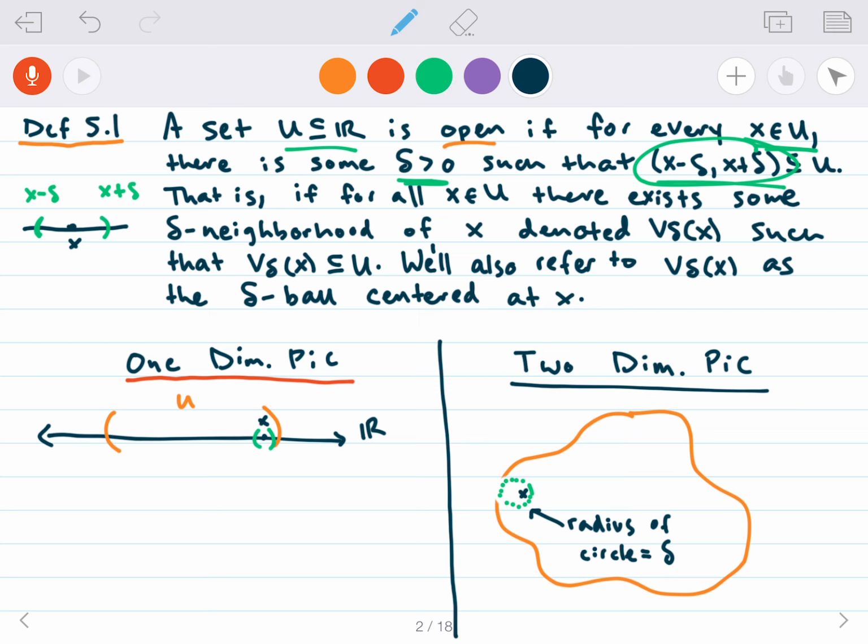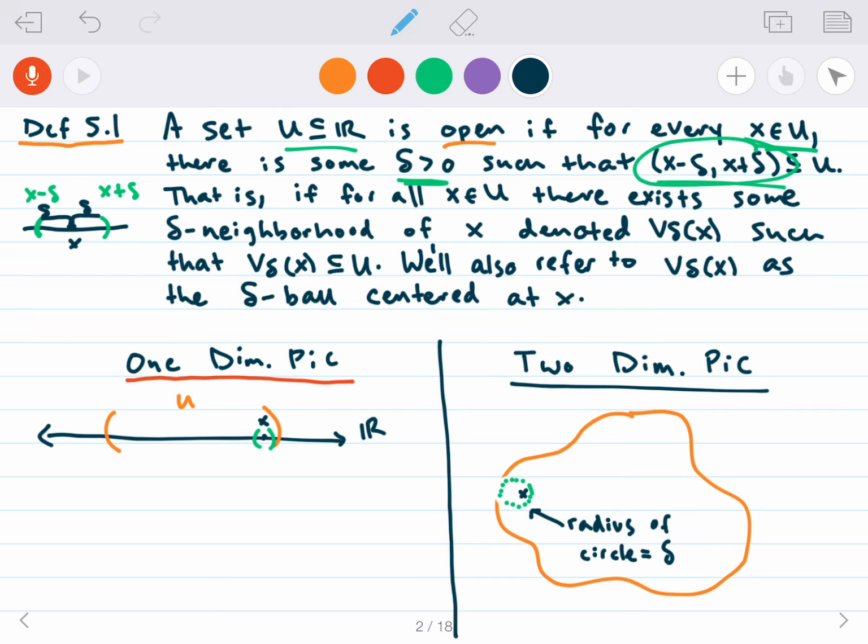And so the distance from x to x plus delta is delta. And same thing on the other side, the distance from x to x minus delta is also delta. So that's our delta neighborhood, or our delta ball.